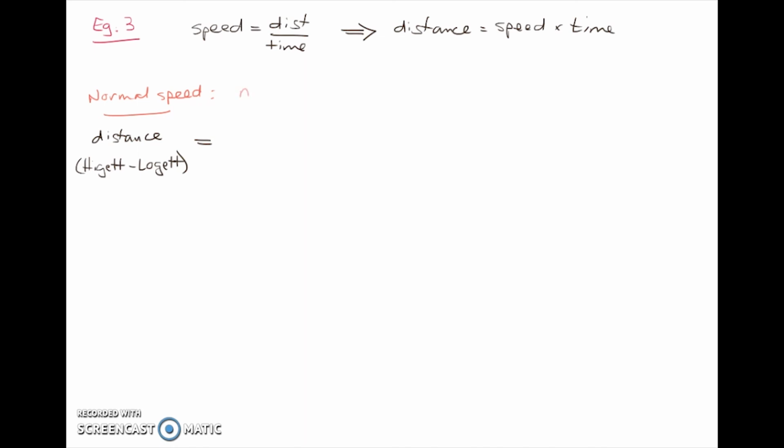So then the distance from Highgate to Logget is going to be n times 5, because it's 5 hours to get there.